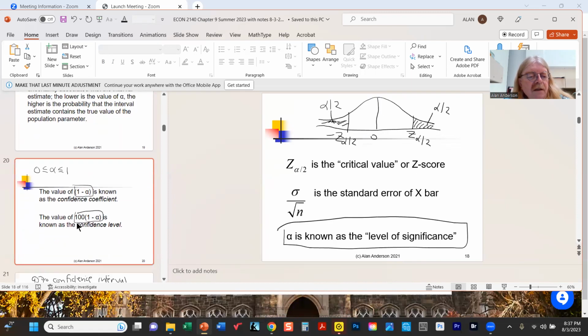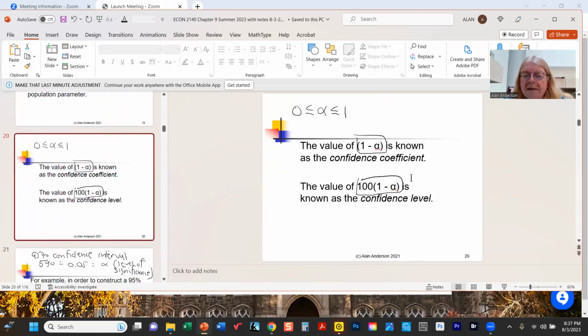So basically, in a nutshell, the way this works is that if you're trying to construct a 90% confidence interval, then alpha is 10% or 0.1. If you're trying to construct a 95% confidence interval, alpha is 5% or 0.05. And for a 99% confidence interval, alpha is 1% or 0.01. But more formally, you can see that 1 minus alpha is the so-called coefficient of confidence, or confidence coefficient.